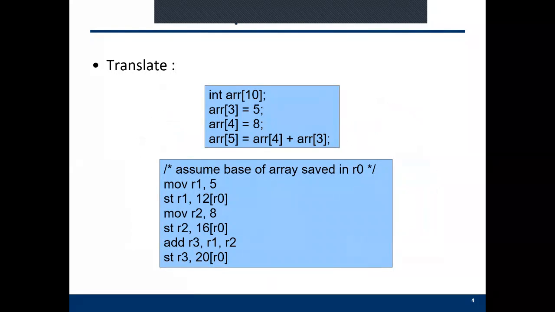So here is an example of memory and arrays in the Azambi code. First, we have a large integer array, which has 10 elements from 0 to 9. Second, we assign a value to the fourth element of the array, and then assign another value to the fifth element.